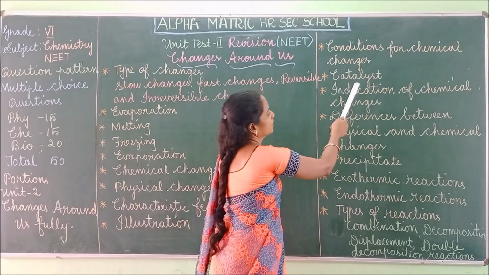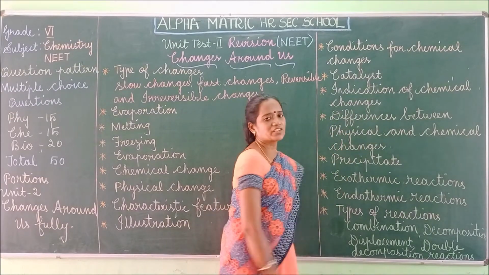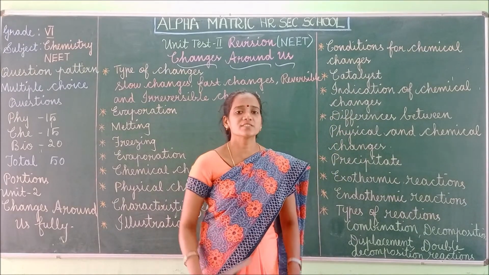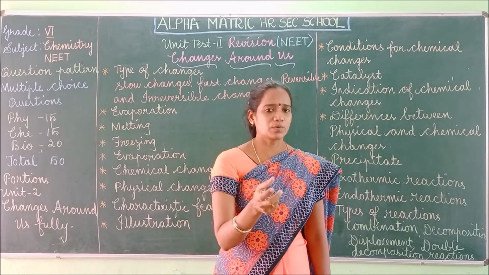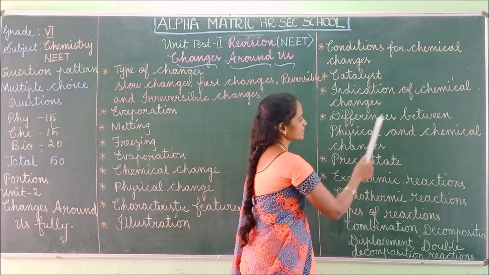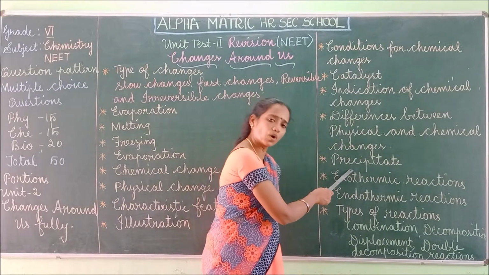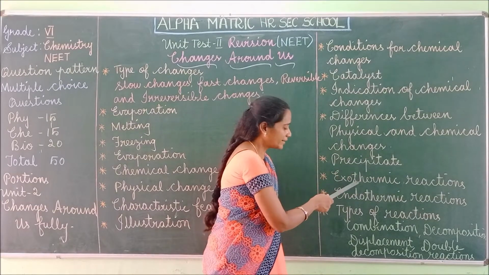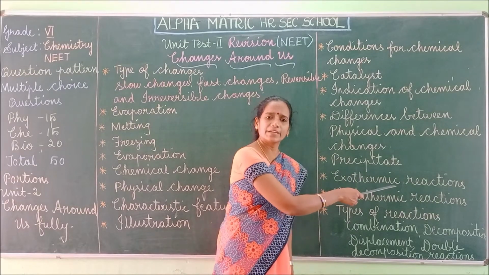Followed by conditions for chemical changes. What are the conditions required for a chemical reaction to take place? Certain conditions are required. That we can read. Next one, catalyst, followed by indication of chemical changes. During chemical reactions, some indications will take place. What are the indications? Next, differences between physical and chemical changes. Next, what is precipitate? And then examples of precipitate. What is meant by exothermic reaction?